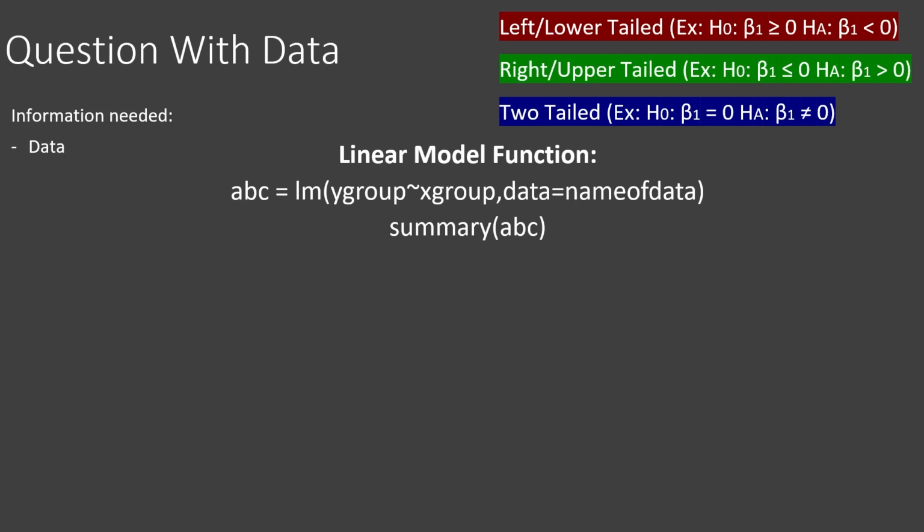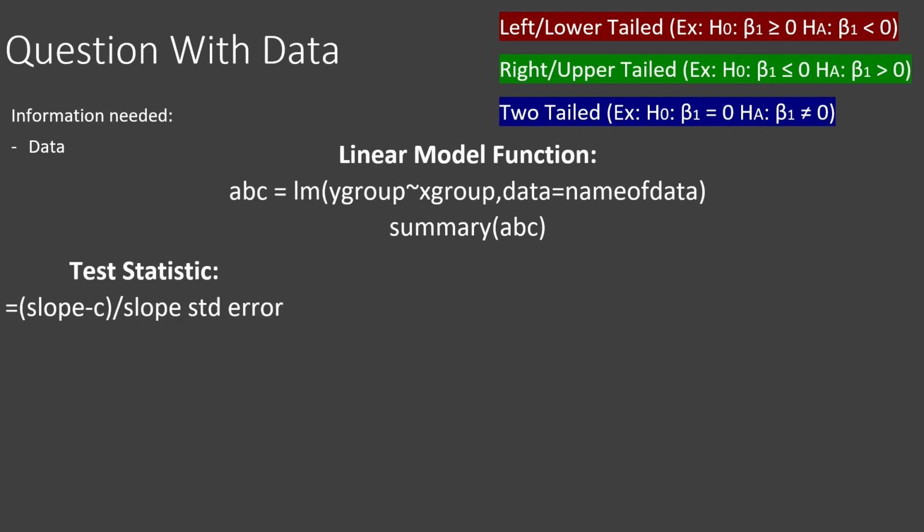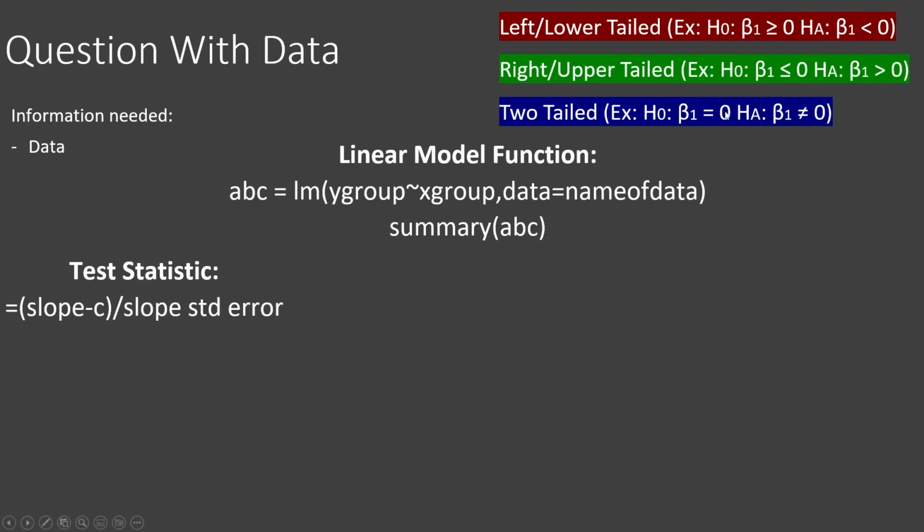However, sometimes you're going to be asked for a test statistic. To get that, you take the slope, which is beta 1, and in your data it's the estimate of the slope coefficient, minus c. If you look at the hypothesis at the top right, your c is going to be 0.